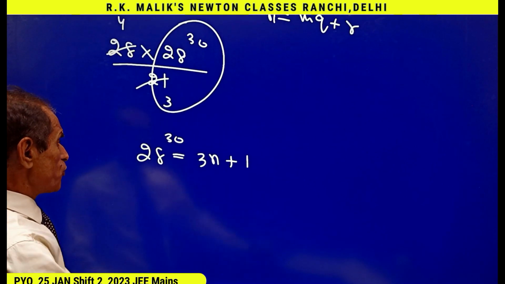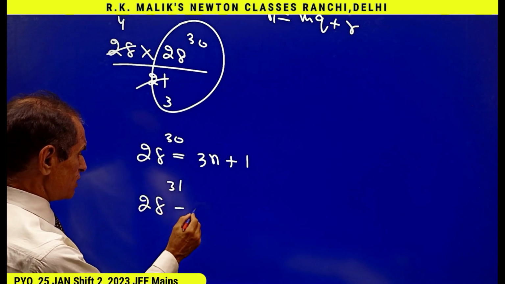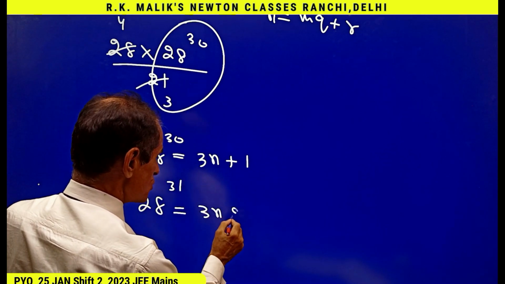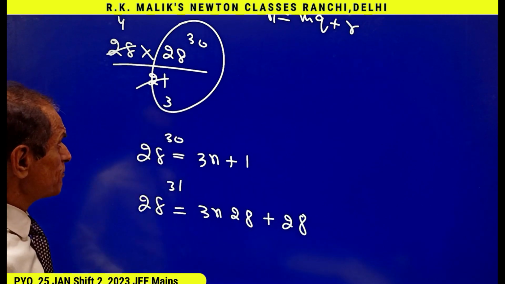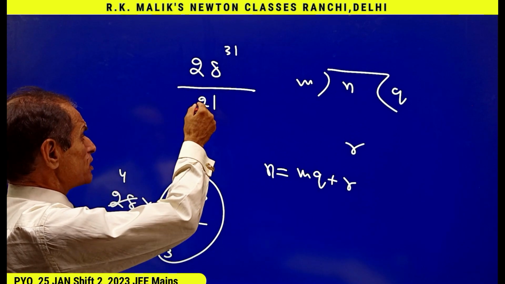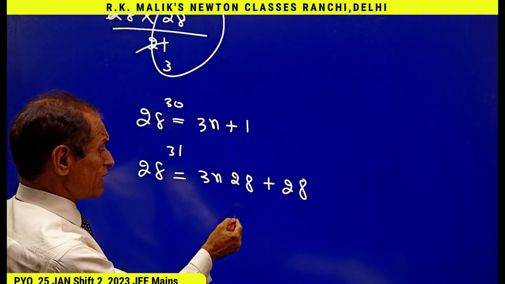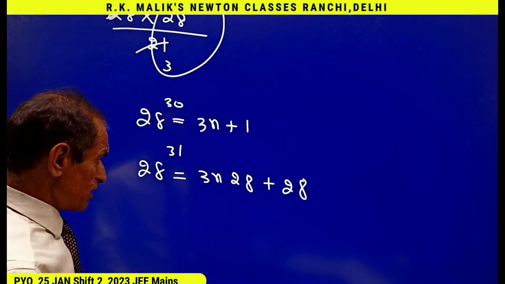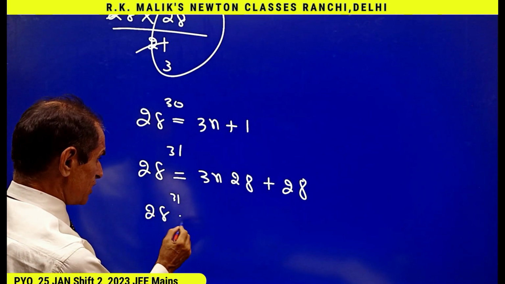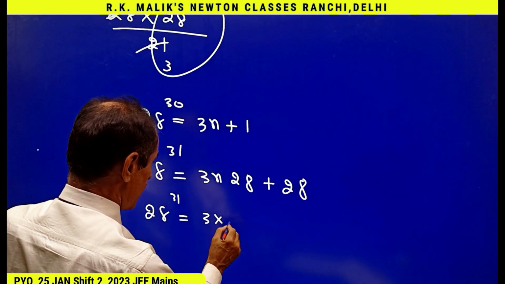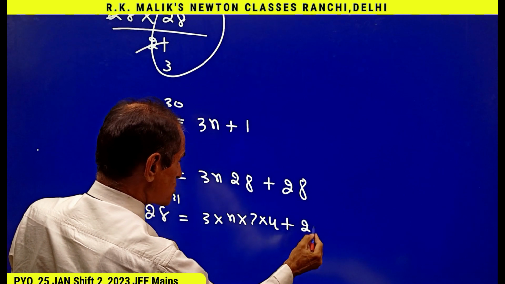Now I multiply both sides by 28. I get 28 to the power 31 is equal to 3 into n into 28 plus 28. Because the question was when this is divided by 21, I would like to bring it in the form of 21 into some number plus remainder. 28 to the power 31 is equal to 3 into n into 7 into 4 plus 28.